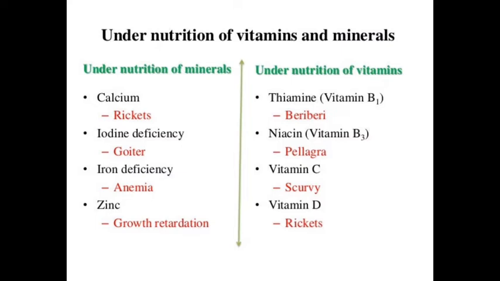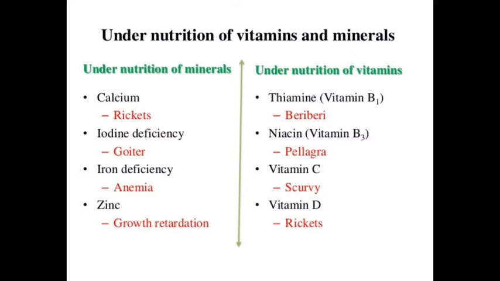Now for vitamins, beriberi occurs due to deficiency of thiamine, also known as vitamin B1. The next one is niacin, that is vitamin B3. Pellagra is the disease which occurs due to its deficiency.